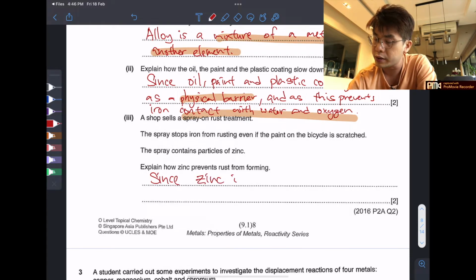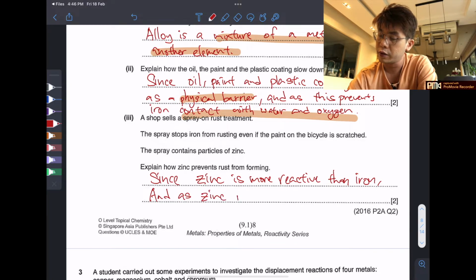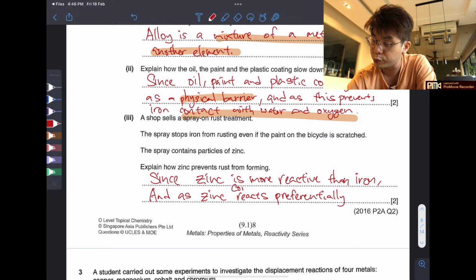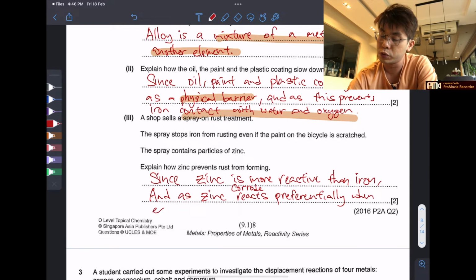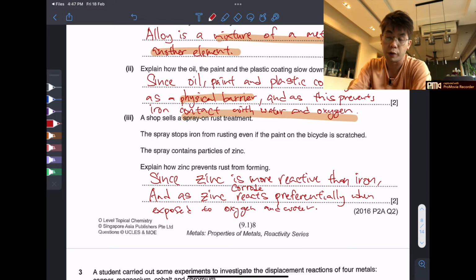Since zinc is more reactive than iron, zinc reacts preferentially, or you can use the words corrode preferentially, when exposed to oxygen and water. Therefore, zinc prevents rust from forming.